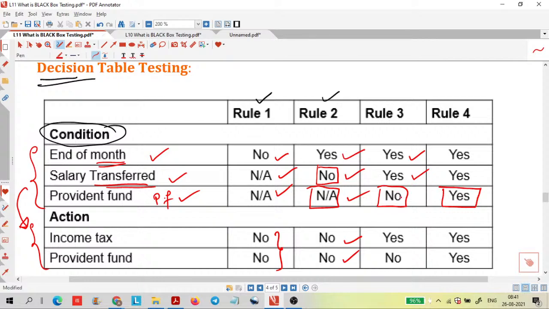Some employers provide a provident fund, and some organizations won't provide. So end of the month है और salary है और provident fund is no, then only the income tax will be deducted from the salary. जितना मंथली टैक्स कितना होना चाहिए वो डिडक्ट होता है.